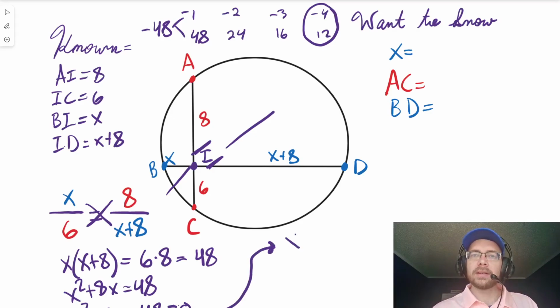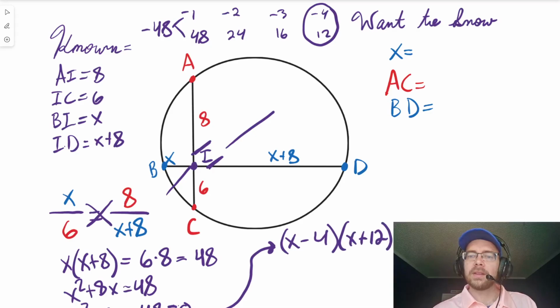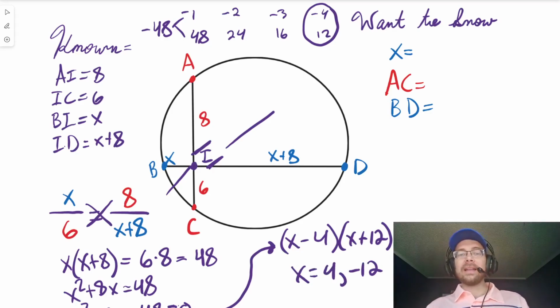So those are the factors I'm going to get. x minus 4, x plus 12. Set that equal to 0. If I solve this, I get x is either equal to 4 or negative 12. Now that's algebraically, though. If you think about it in the context here, one of the sides, BI, is literally x. But side lengths can't be negative.